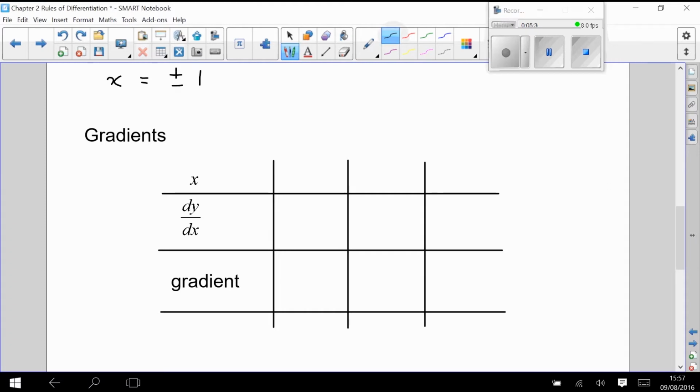If I choose a number just smaller than that, obviously it couldn't be 0 because I had an asymptote there. Let's choose when x is a half, and then a number just greater than that, and I'm going to choose a value of 2. Put this value when x is a half into your first derivative, and you should find that you're going to get a negative answer.